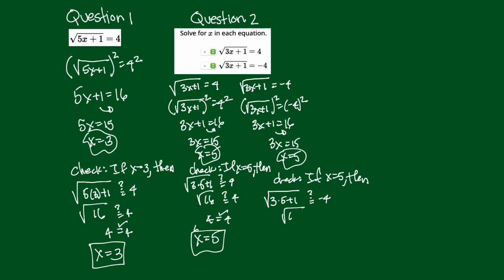Well, this will give us the square root of 16. Is that equal to negative 4? Well, square root of 16 is 4, and 4 is not equal to negative 4. So x is not equal to 5, so we have to toss it out. Well, that's all we had left. So all we can say now is that there is no solution to this equation.